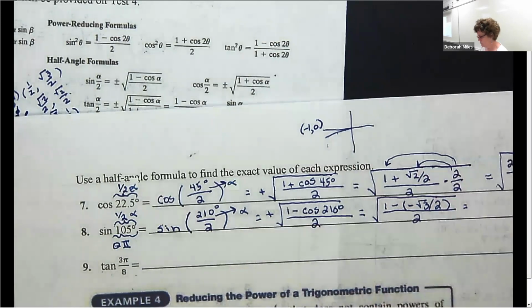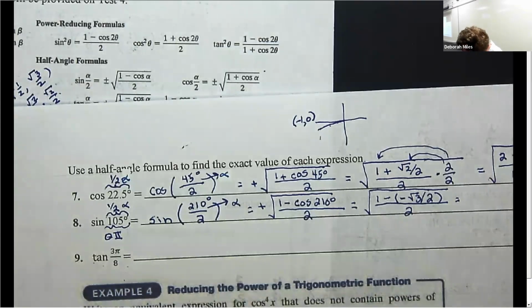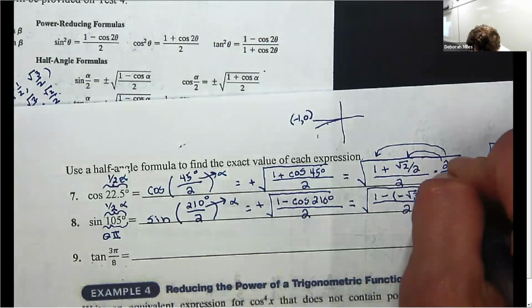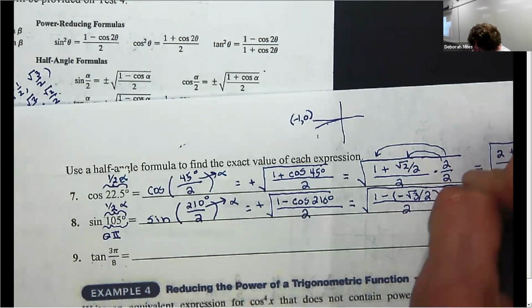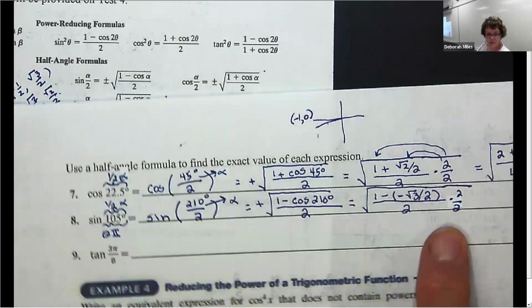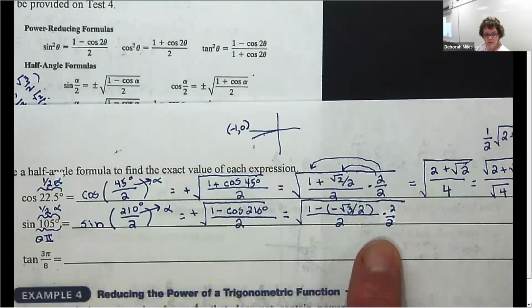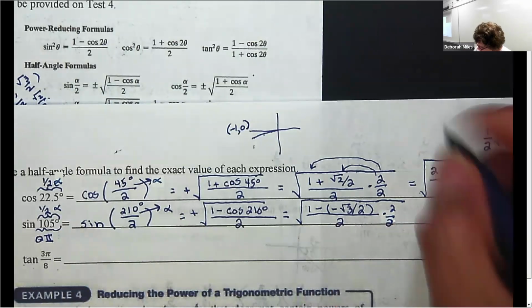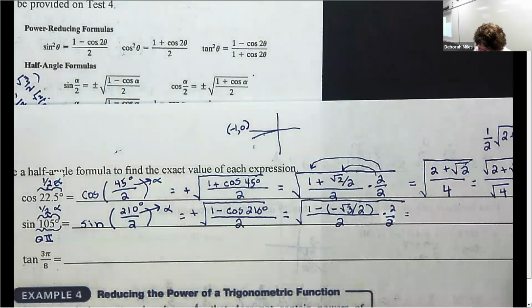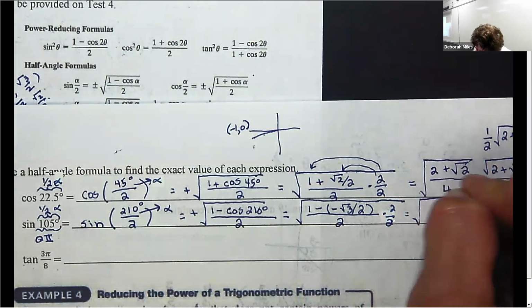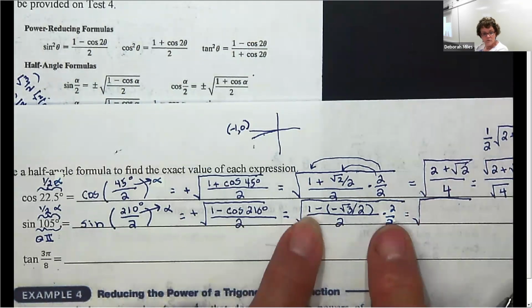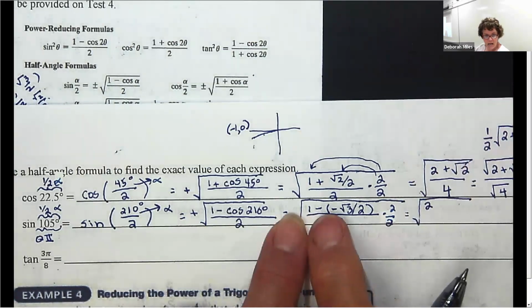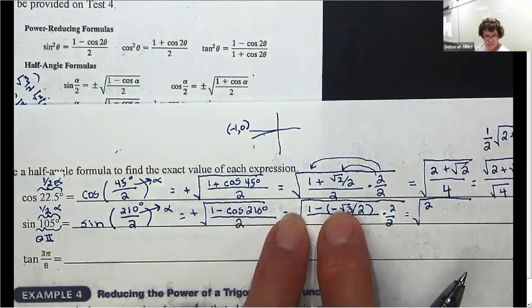I'm going to go ahead and put my 2/2 under the radical to clean up that complex fraction. When I multiply that complex fraction by 2/2, I have the square root of 2 times 1 is 2, minus a negative is a positive.